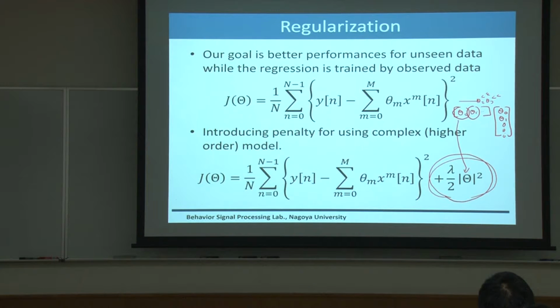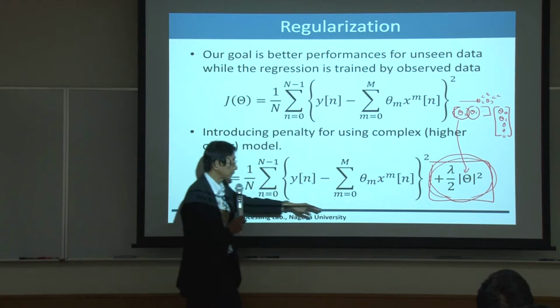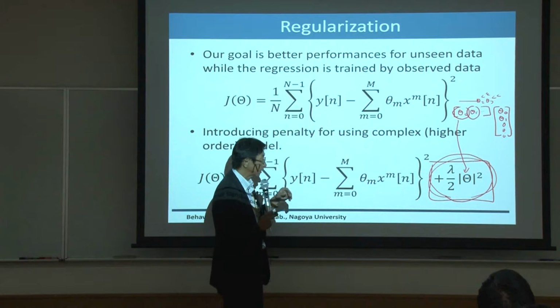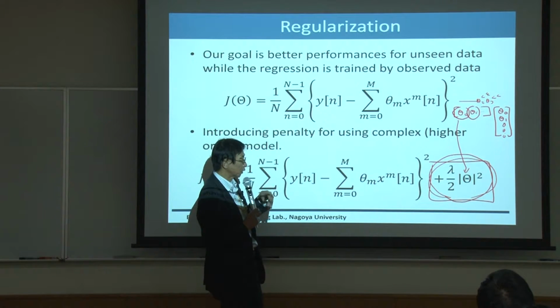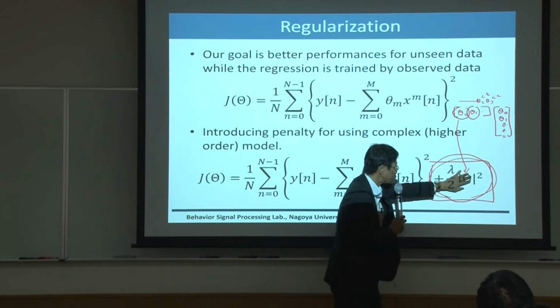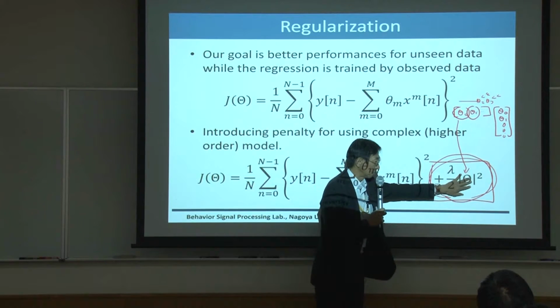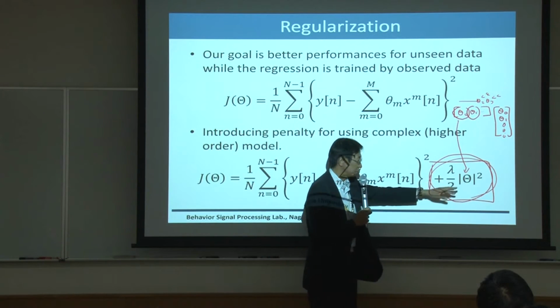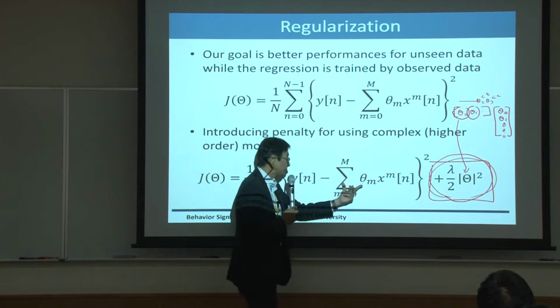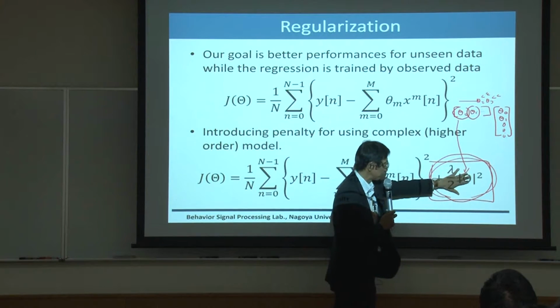Therefore, if you put in this term and the system tries to minimize this term and also this term, it is going to try to find a good compromise between the complexity of the model and the error of the model. If the number of thetas which should be used for modeling is smaller, then this value becomes smaller.